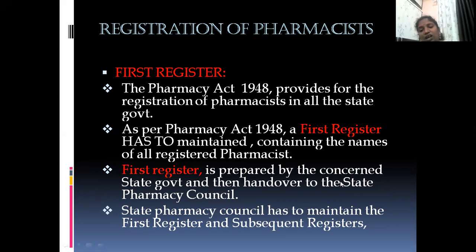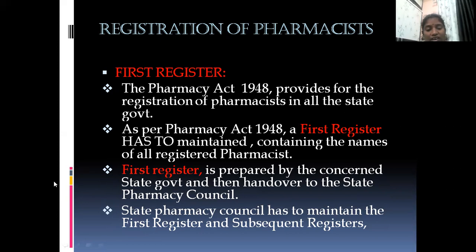The first register is prepared with the consent of the state government and handed over to the state pharmacy council. Who will prepare this first register? The state government will prepare this book and then hand it over to the state pharmacy council.